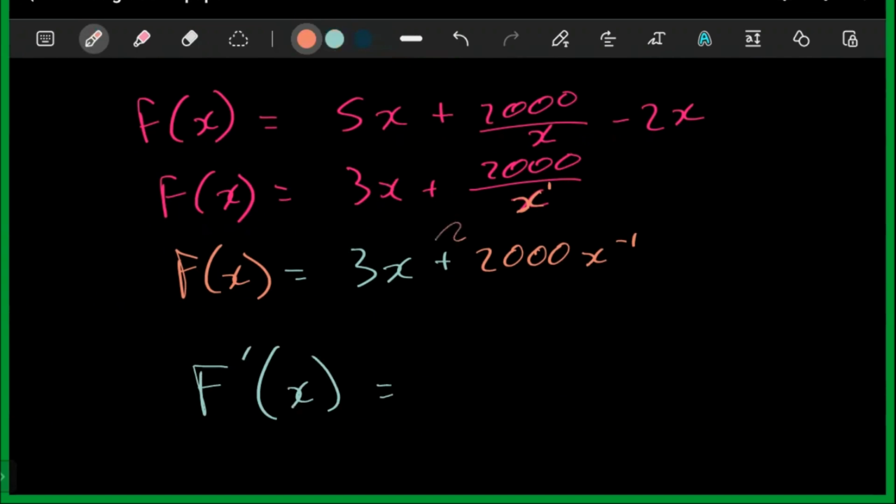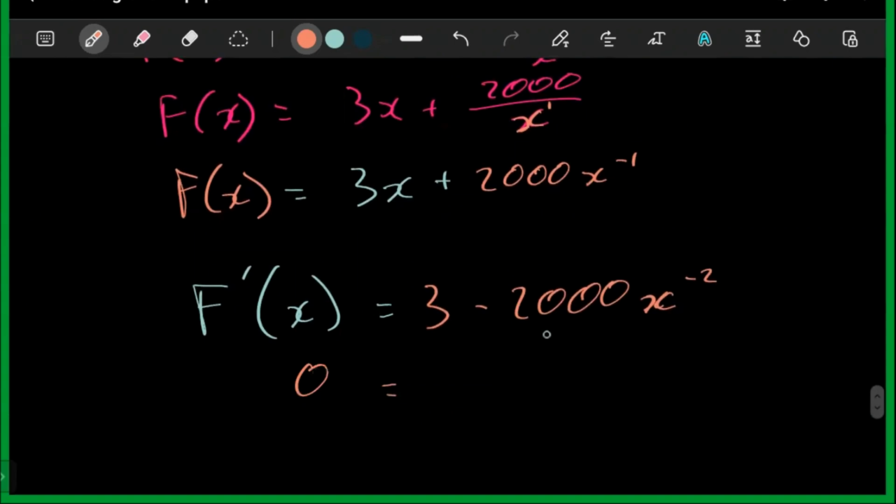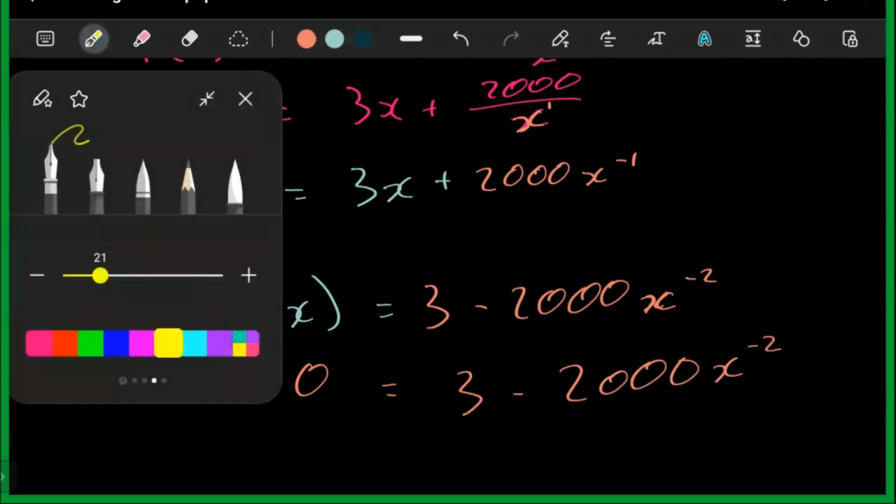Now let's differentiate. 1 times 3 is a 3. 1 minus 1 is going to be a 0. X to the power of 0 is a 1. Here, negative times 2000 is negative 2000. Moving 1 from the exponent, you're going to get a negative 2. Now this, you need to make it equal to 0. 3 minus 2000 x to the power of negative 2. Fortunately, you don't have to worry about the negative 2 there.